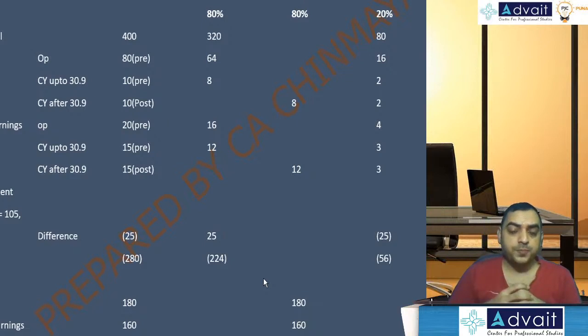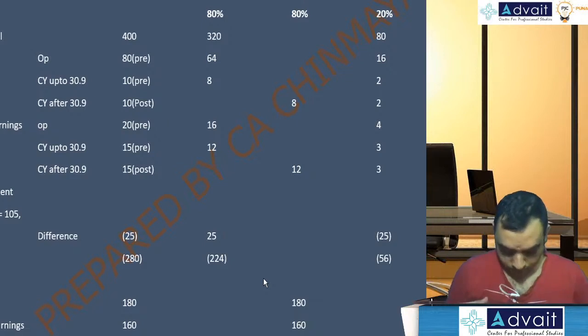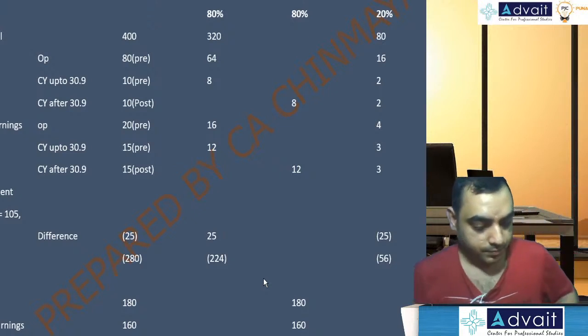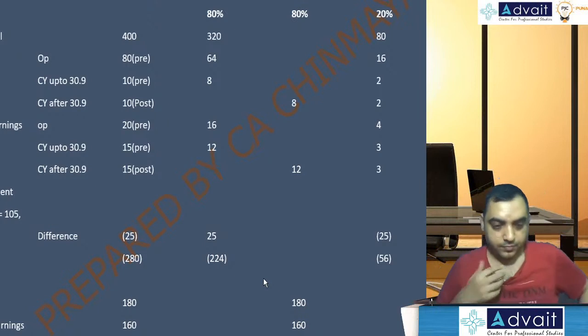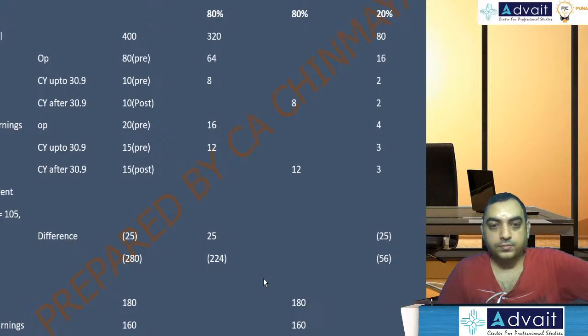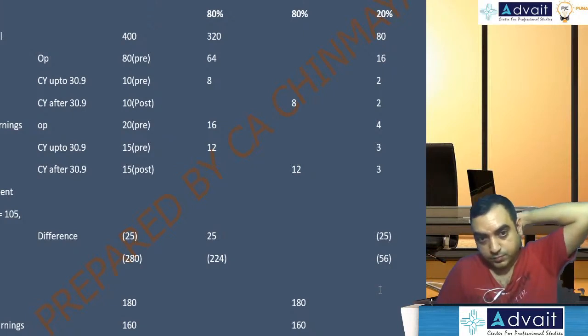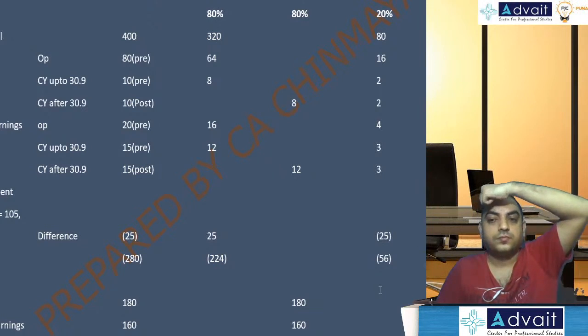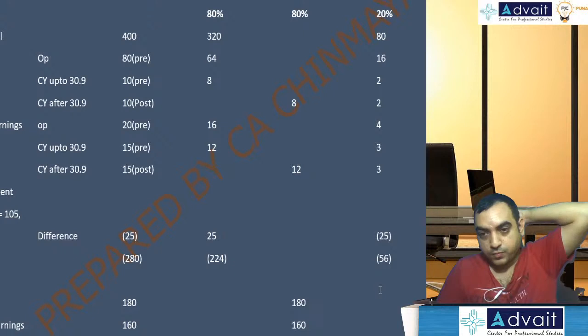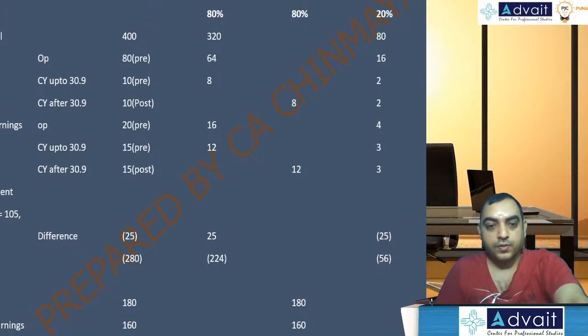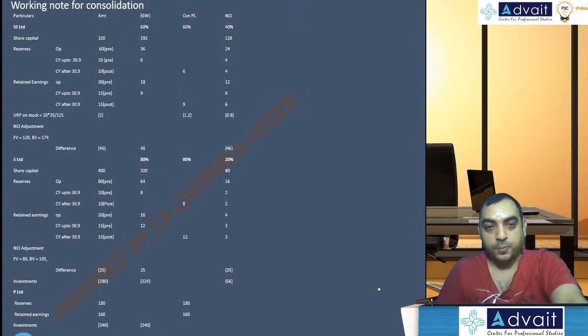Please do the total of the 3 columns. Okay, I'll zoom out, but the numbers will be very small.